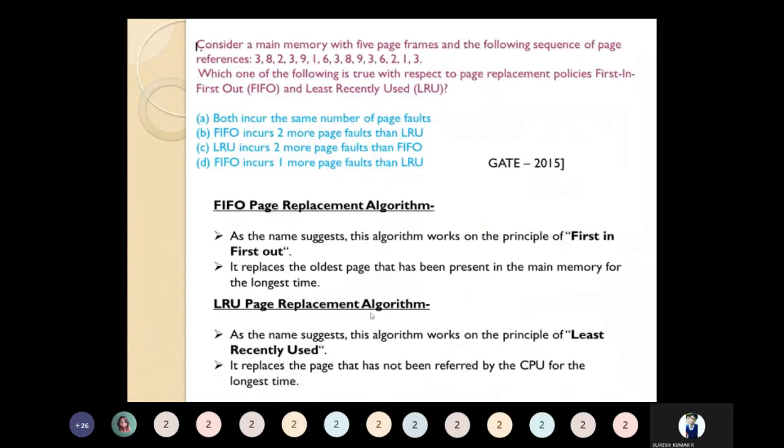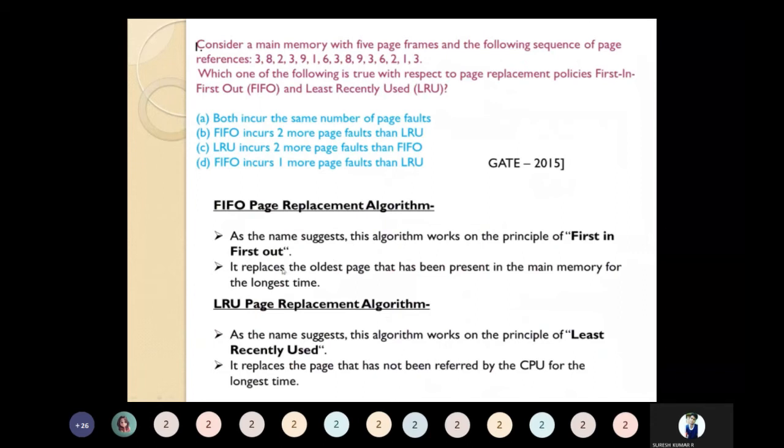Here the first in first out page replacement algorithm and the LRU page replacement algorithm are used. First we have to understand what FIFO is. The name itself tells us first in first out: priority is given to the page which is inserted first.